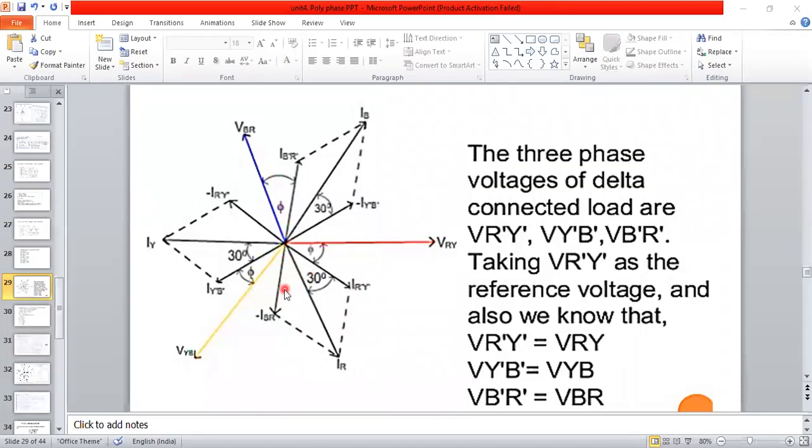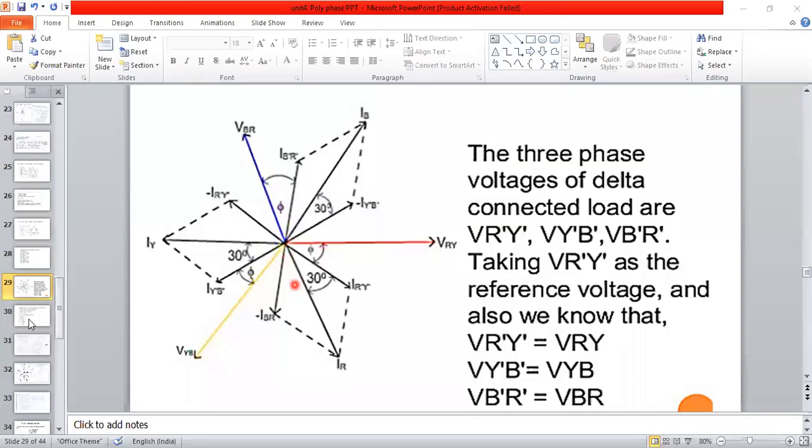So IR equals square root of this square plus this square plus 2 into this product and cos 60.